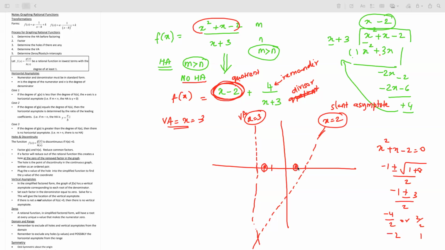I am getting both as zeros, meaning there the function reaches the x-axis. So both are points. What I'll do now, from minus infinity to -3, I'll substitute some values and find out points on the graph. Okay, so the line is going to go like this. I will find some points on the graph, how it is going to go.